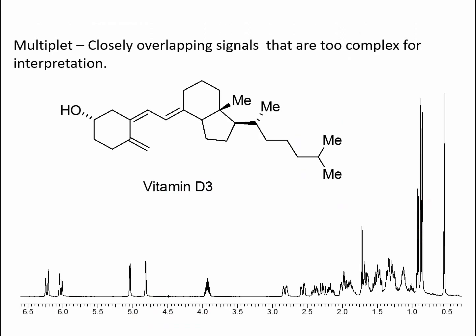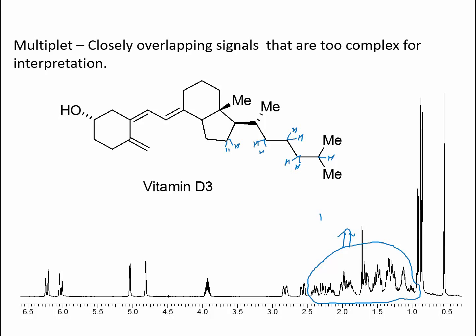This is vitamin D3. It has an interesting complex NMR. You probably say to yourself, this is going to have a lot of hydrogens, right? And a lot of non-equivalent hydrogens. You sort of get the idea here that there's tons of hydrogens. A person trying to interpret this would probably give up out of frustration.